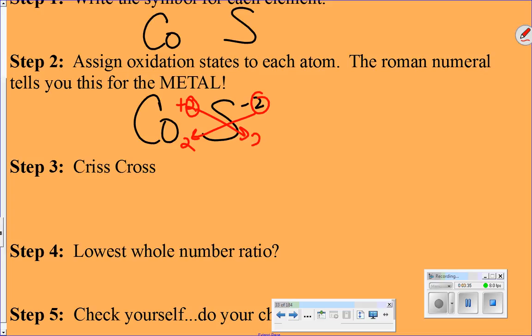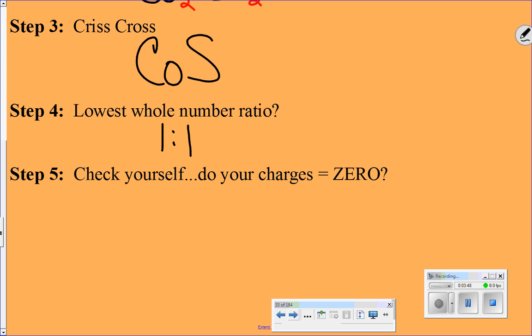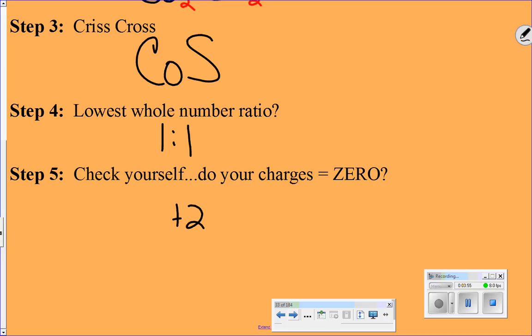This gives us a situation where we actually have what we call canceling. So this is going to become CoS. 1 cobalt to 1 sulfur is the lowest whole number ratio. And now we got to check ourselves. Cobalt's charge, remember, according to up here, is +2, and sulfur's is -2, so those do equal out to 0.